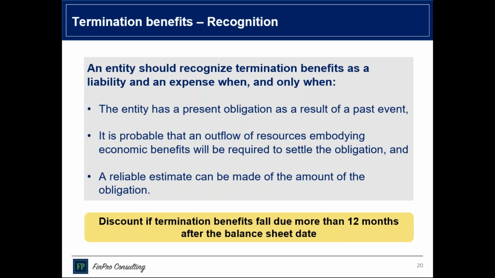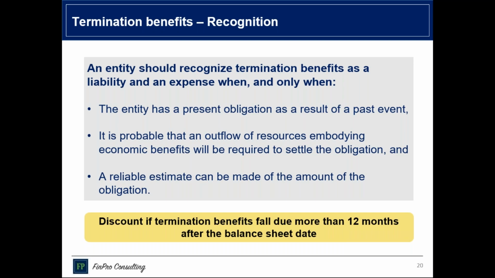Yeah, so we were talking about the termination benefits. The entity will recognize any termination benefits as a liability and expense only when the entity has a present obligation as a result of a past event, and it is probable that the outflow would be there and the amount can be reliably estimated. So there is no stringent criteria.